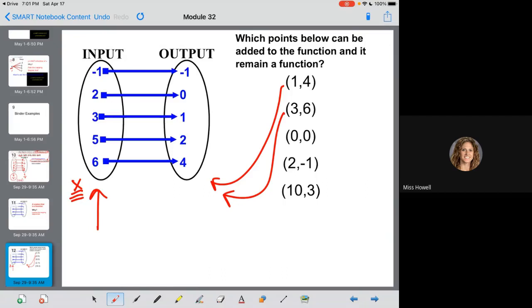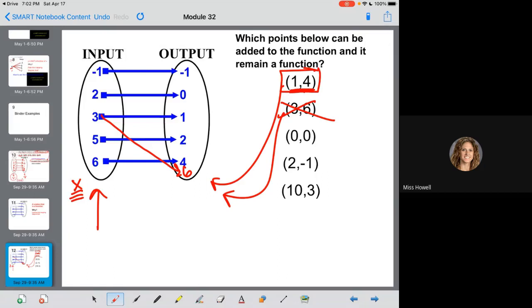That's really the test. So if I added this ordered pair (1, 4), would we be okay? Yes, because there's no 1 already in the input. So we could add (1, 4). (3, 6). If I added that here, then this 3 would now go to a 6, and that would be a fail. So we can't add that one.